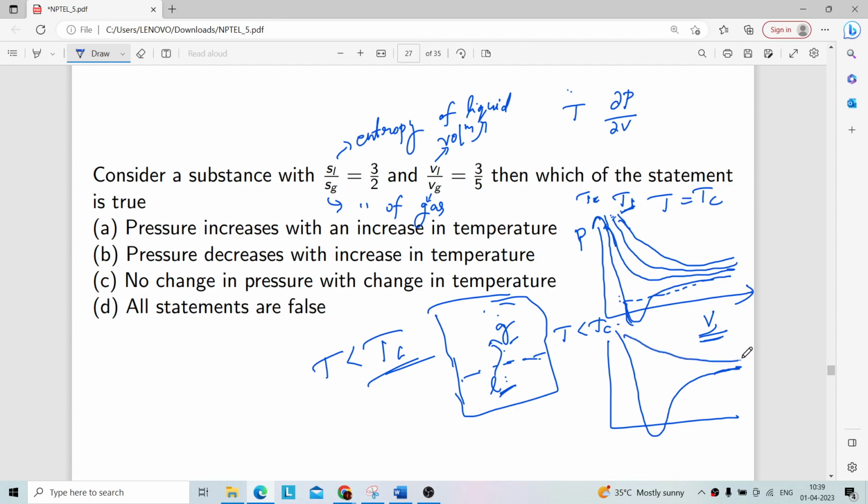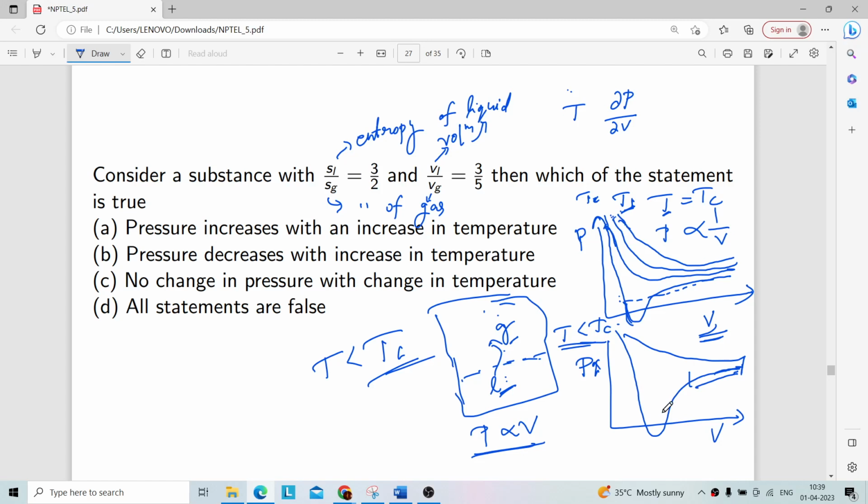In this region, as the volume increases, the pressure also increases. Normally, pressure and volume have an inverse relation at a constant temperature. But in this region, they are linearly dependent. So this is below the critical temperature.